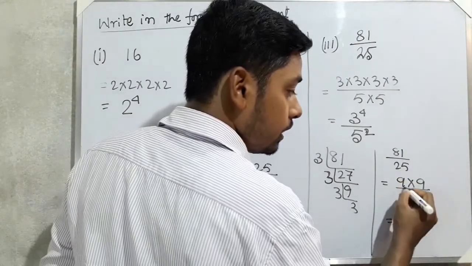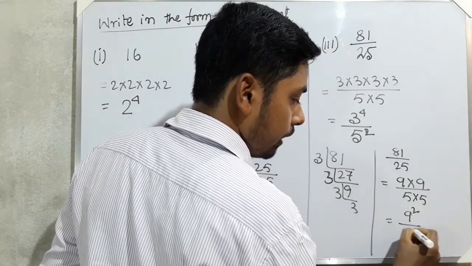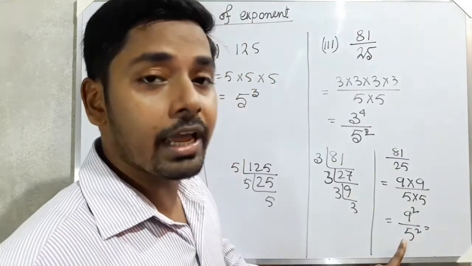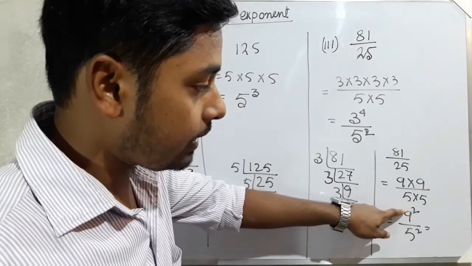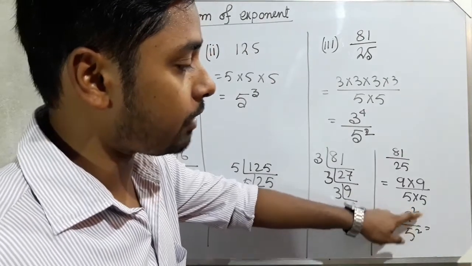Now 9 into 9 means 9 square, and 5 into 5 is 5 square. Now the numerator and denominator both have the same power. You can see here the denominator and numerator both have the same power, that is 2.